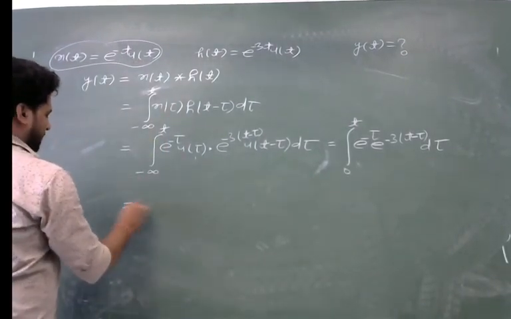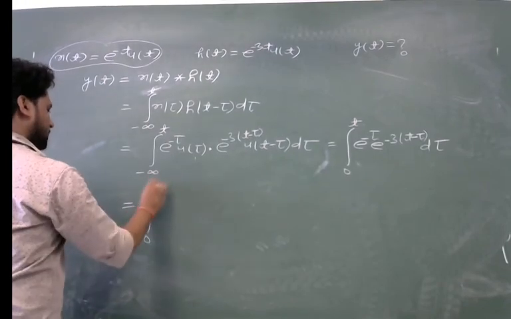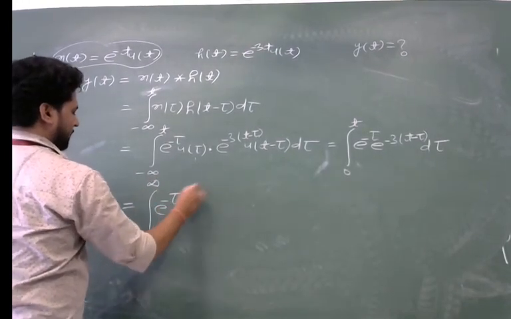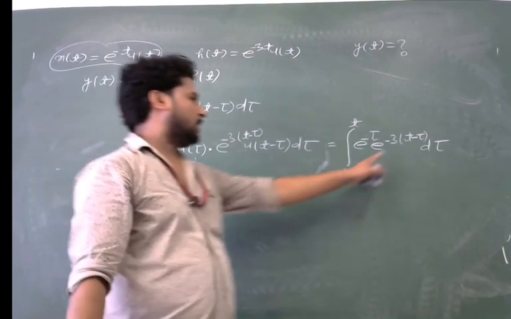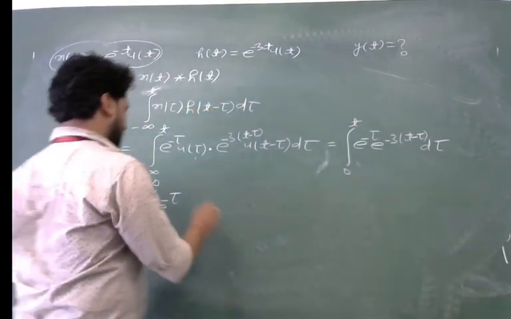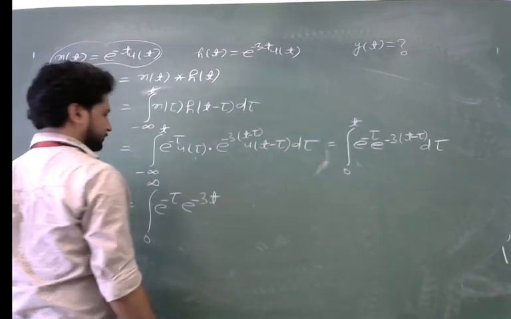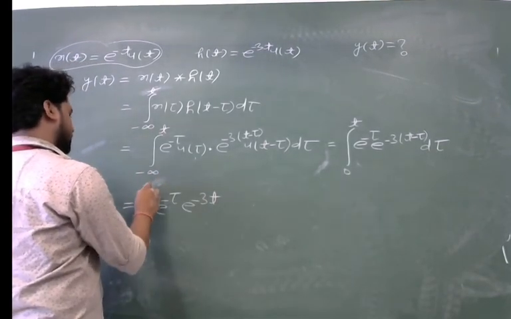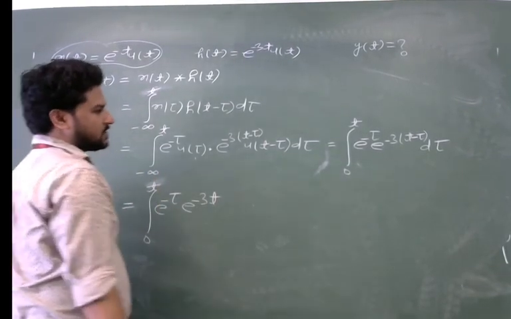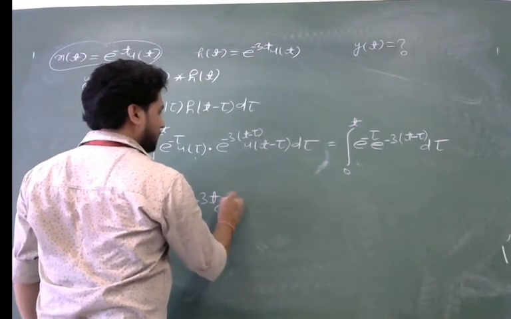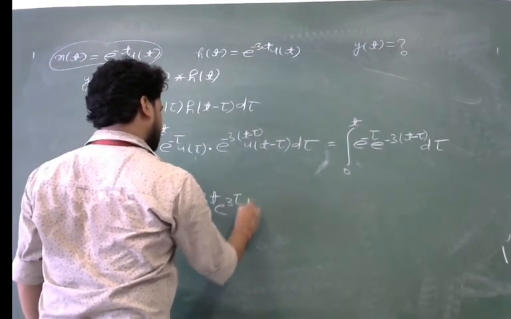We can write it as the integral from 0 to t of e^(-3t) into e^(3 tau) and e^(-tau) d tau.